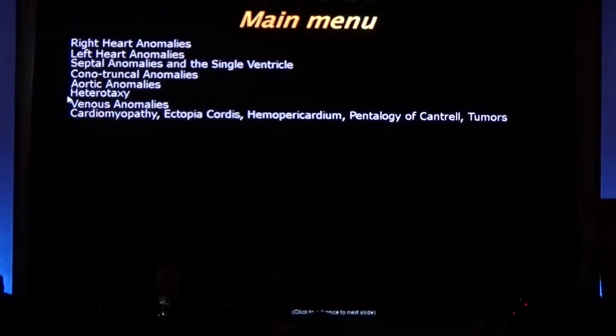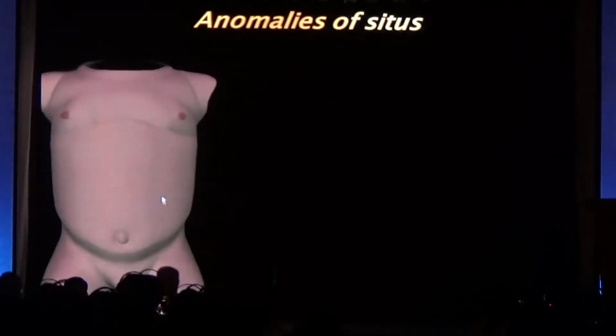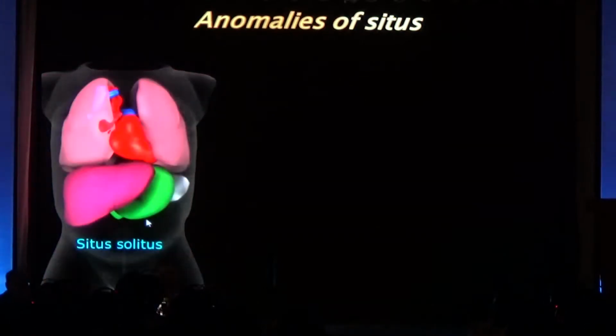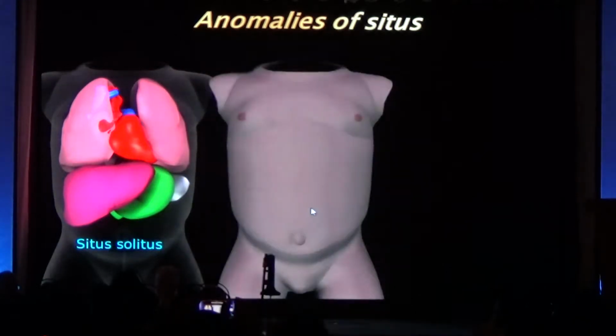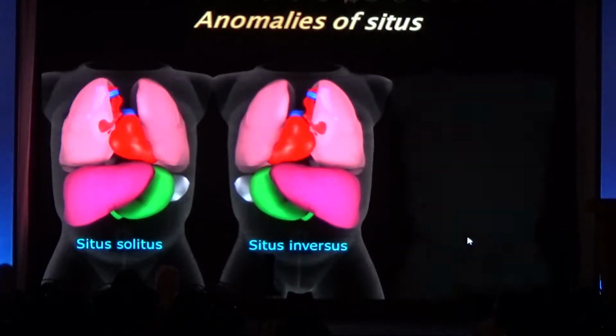And then I wanted to show you some of the heterotaxy, because we mentioned that several times yesterday, and I don't have much time, so I may have to go fast here. So compared to the normal situs solitus baby with the apex of the heart and the stomach on the left side, you also have a mirror image baby, which is situs inversus, where heart, stomach and spleen are on the right side.